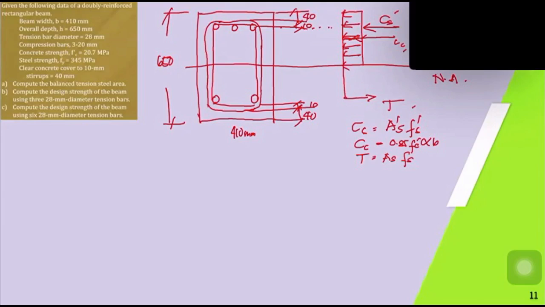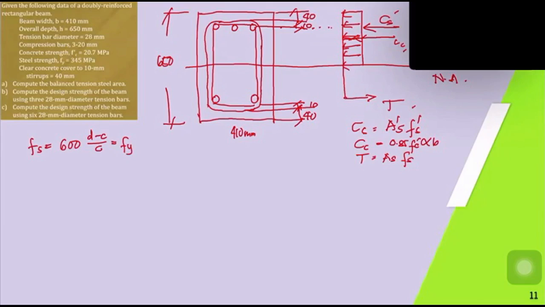Letter A, compute the balance steel ratio or the balance steel area. First, what is FS? We need to compute FS first: 600 (D minus C) over C, which is equal to Fy if we assume that steel yields.